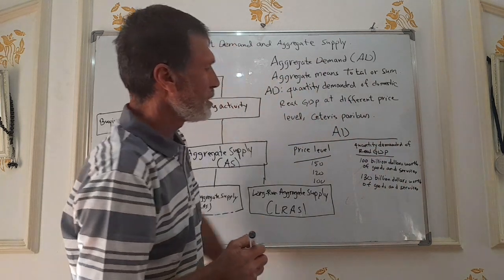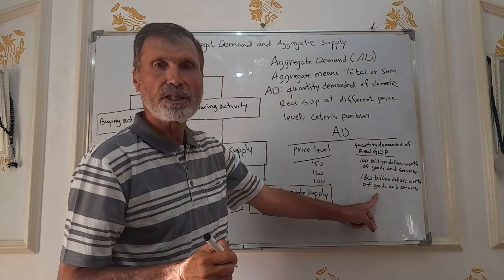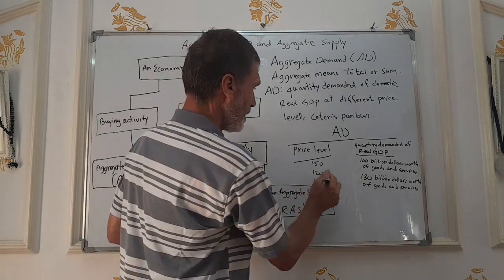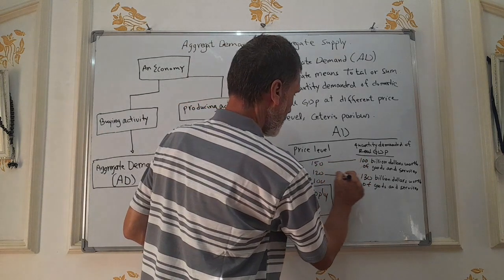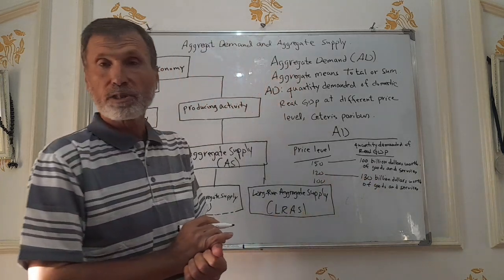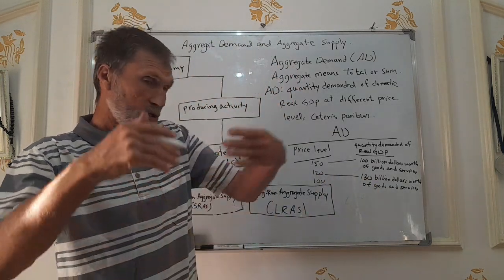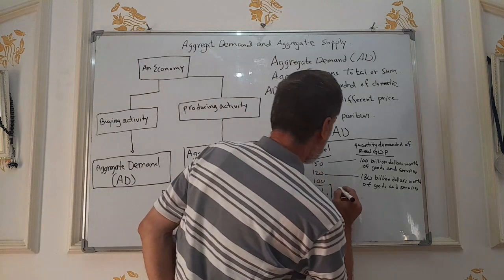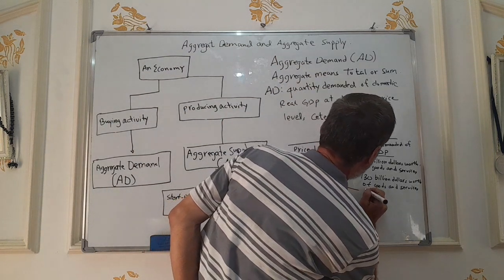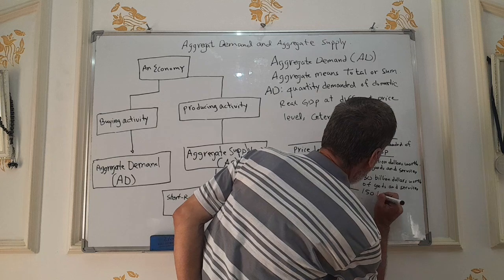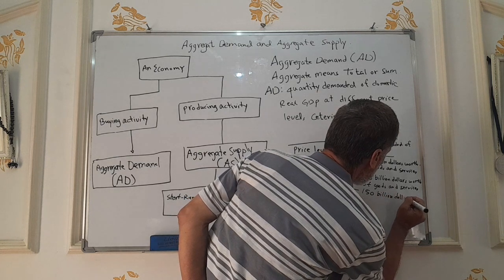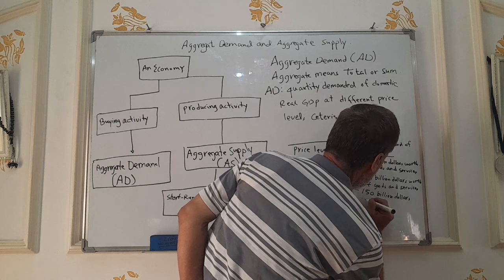What about when the price level goes down to 100? Then, of course, we expect the quantity demanded of real GDP to increase. Let's say here to 150 billion dollars worth of real GDP.